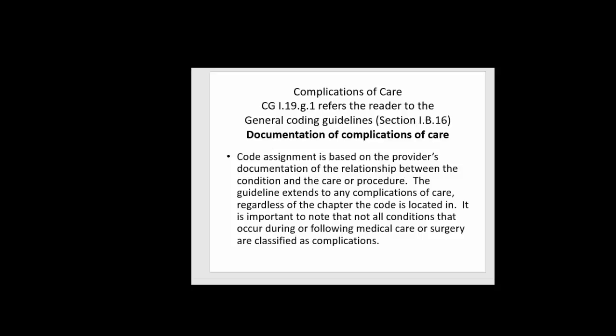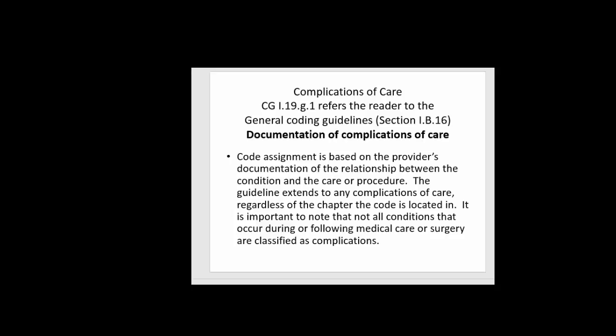Okay, the first guideline under complications of care refers you to the general coding guidelines for documentation of complications. This is just a restatement of what I said earlier: it has to be documented that what we are presenting is a complication, and the doctors have said it's a complication, because not everything that happens after surgery is a complication.